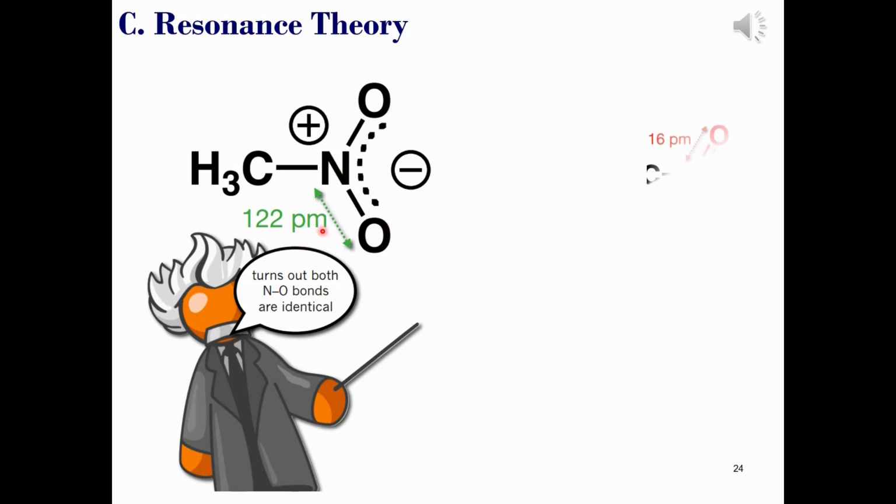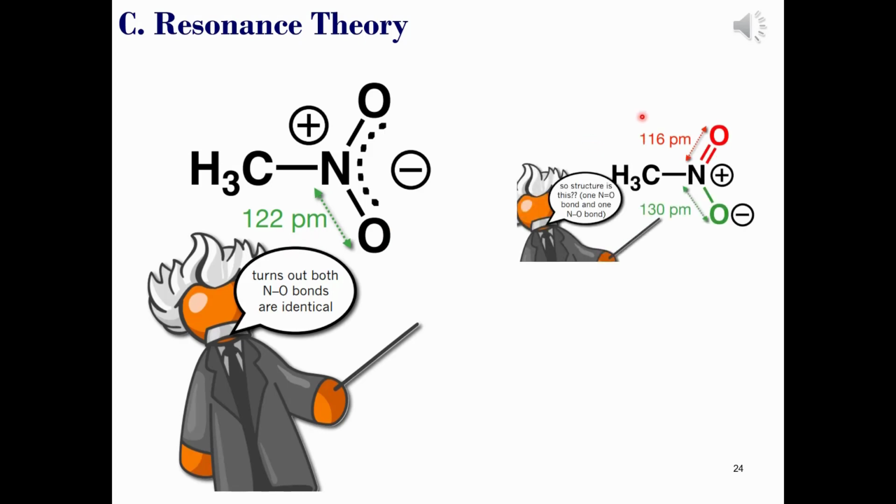Furthermore, this measured nitrogen-oxygen bond length is intermediate. That is, it is shorter than the single nitrogen-oxygen bond, which is 130 picometers, but it is also longer than the nitrogen-oxygen double bond, which is 116 picometers.